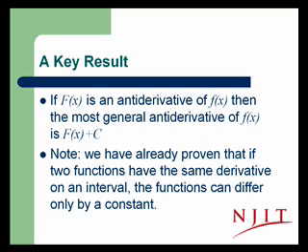Here's a key result. If big F is an antiderivative of little f, then the most general antiderivative of little f is big F of x plus c. The key point is that we've already shown that if two functions have the same derivative on an interval, then the functions can differ by only a constant.